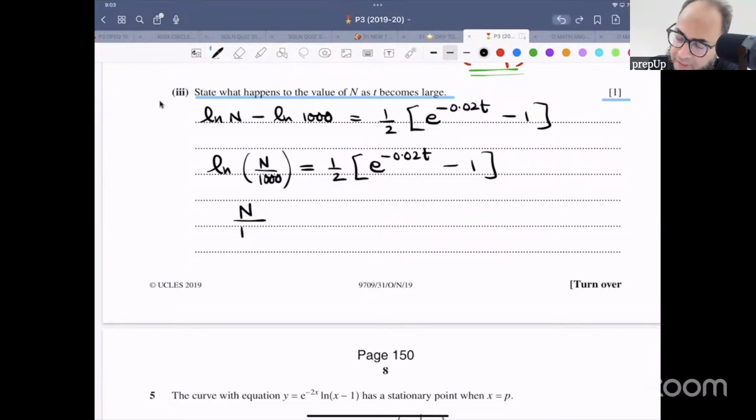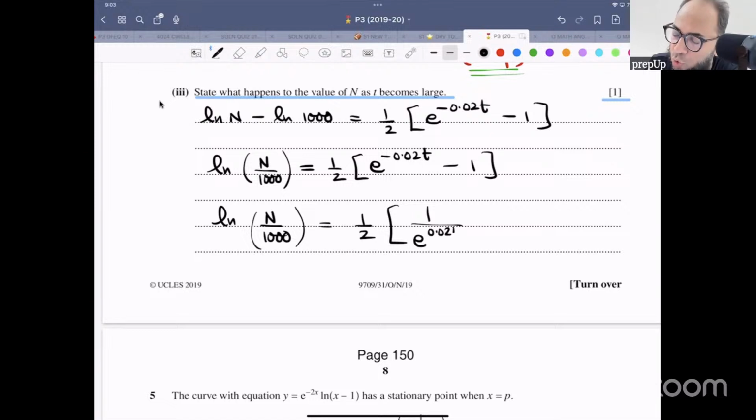So let me write it over here, ln, and this is n over 1000. And if I make half 1 over e raised to power of 0.02t minus 1. So it's not worth making this the subject. So I've written one more step. Now t becomes very, very large.